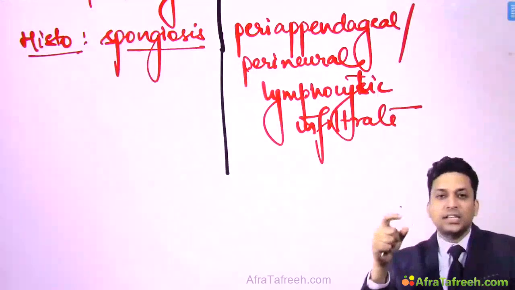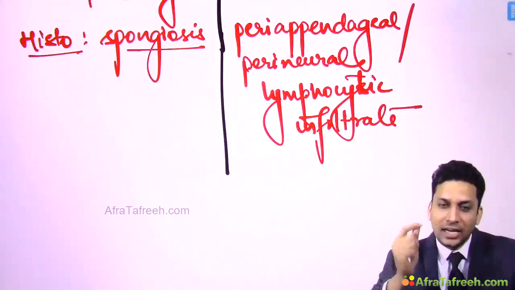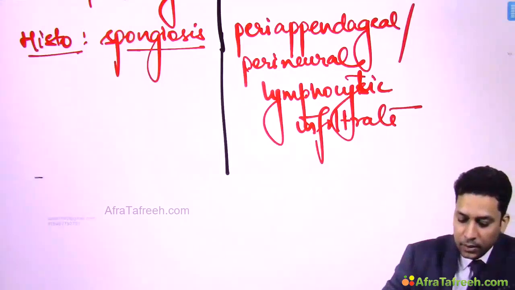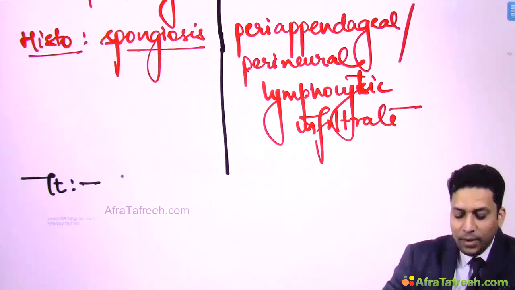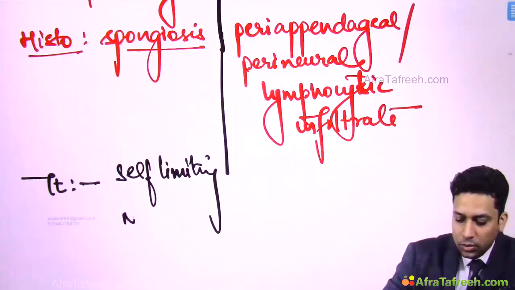So periappendageal, around the appendages. What are appendages of skin? Like hair, glands, and around the nerves, perineural, you will get lymphocytic infiltrate. Now I told you that alba is a self-limiting condition, so no treatment is required.